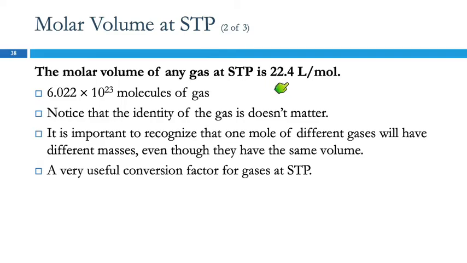So this 22.4 liters per mole at STP is true for any gas. Because we're talking about 6.022 times 10 to the 23rd particles of the gas, molecules or atoms. So the same number of molecules will have the same volume for different gases, but the masses will not be the same. But this is a really useful conversion factor at STP.